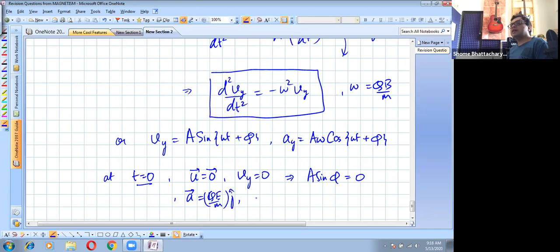So acceleration's y component was QE by M. So that means A omega cos phi is equal to QE by M. Just don't confuse the phase constant with the charge. Just be careful of the symbols.